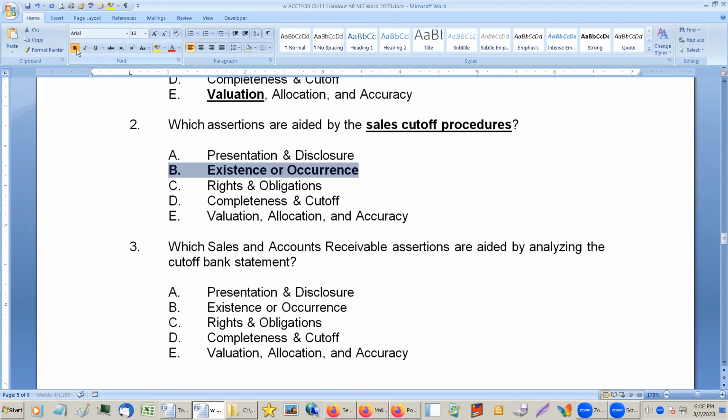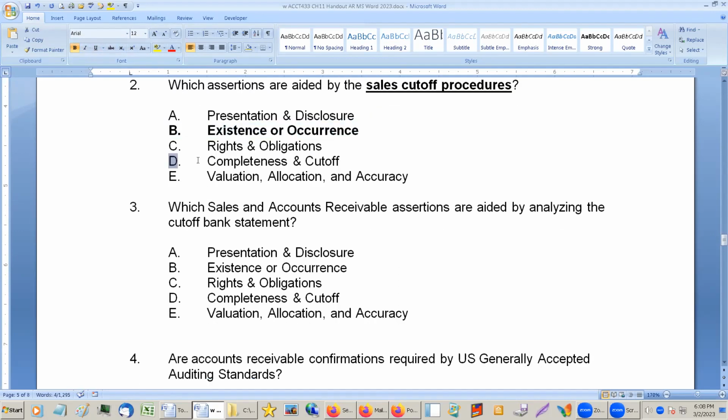No, I said D. Oh, D. D is probably the best one because it's included in there. It used to be down here in the valuation stuff. They used to have it, but now cutoff is by itself. So yeah.